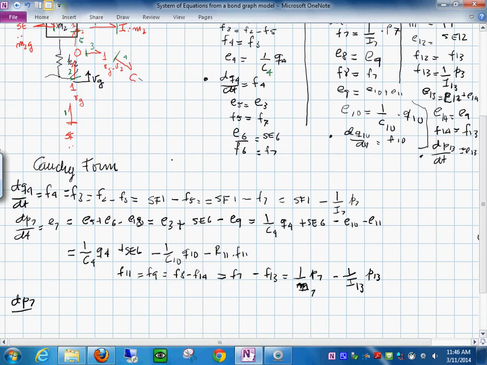So dP sub 7 dt is equal to 1 over C sub 4 Q sub 4 plus AC6, and then you have minus 1 over C sub 10 Q sub 10 minus R11 multiplied by this 1 over I sub 7 P sub 7 minus 1 over I13 P13, like that.